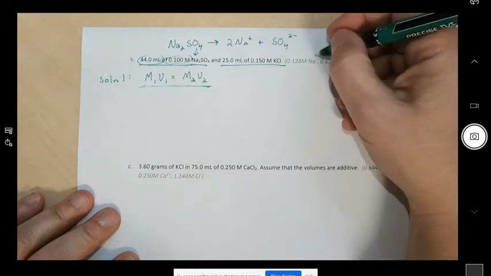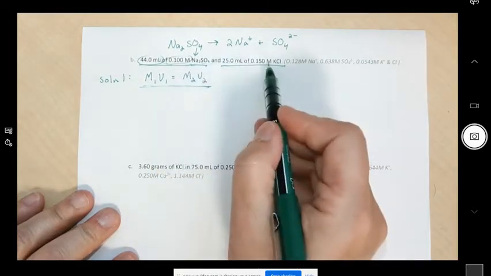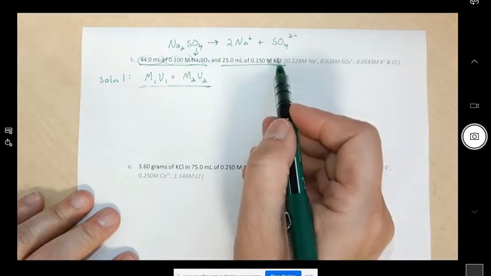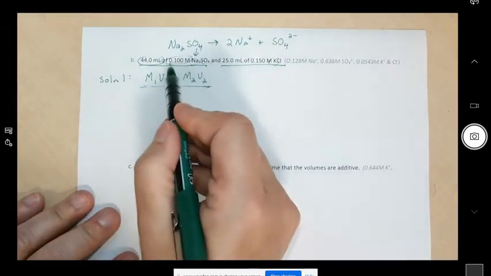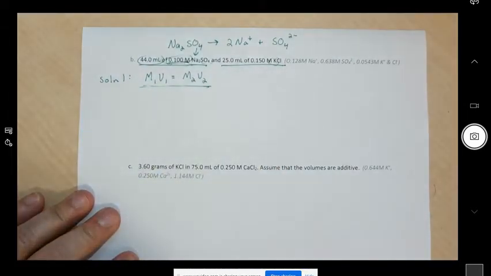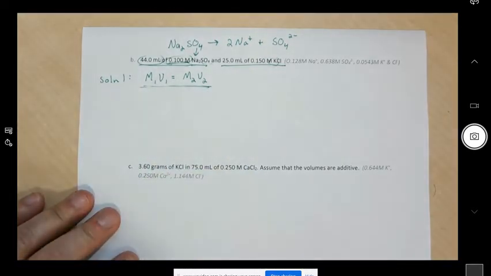Since we're not adding any similar ions at all, the only thing that's going to change the concentration of, let's say, my sodium ions is that the volume is going to go up. This formula comes in handy when you're doing a dilution, and in this case, since I have no common ion, all I'm really doing is diluting my ion concentration.